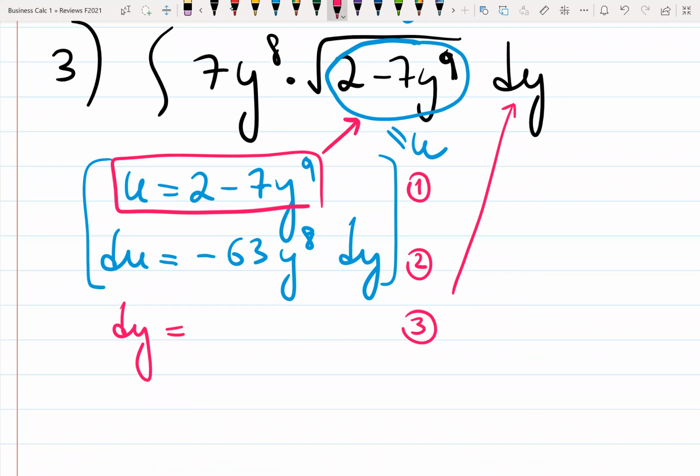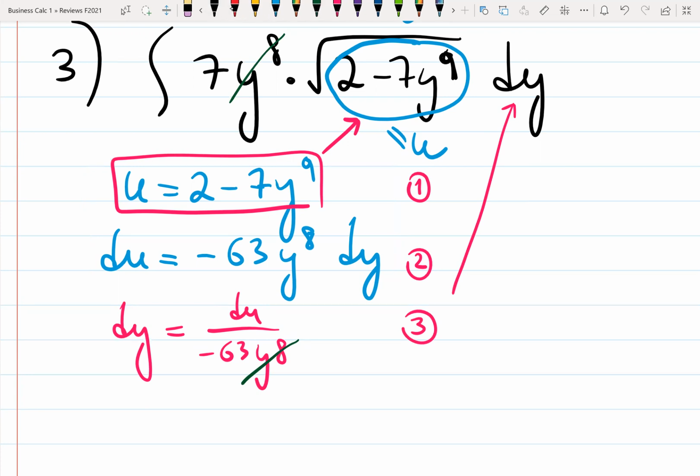Dy will be minus 63y to the 8 over, what I'm doing the other way around, du over minus 63y to the 8. And this is not a constant. This y to the 8 and y to the 8 will cancel out. That's kind of the whole goal of U substitution.